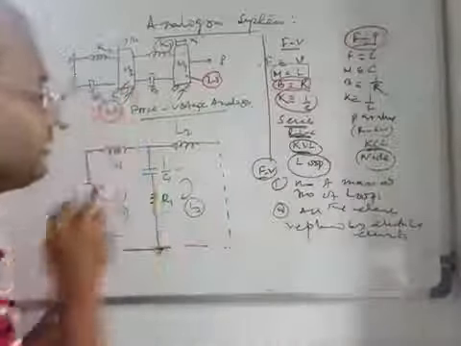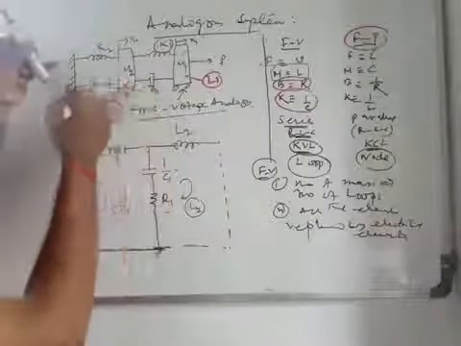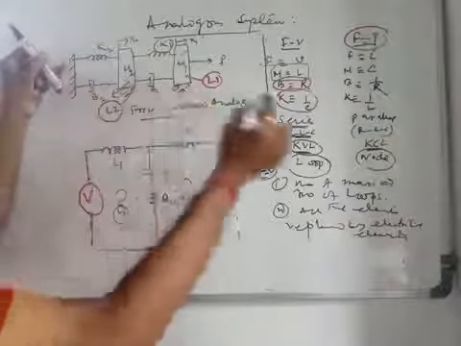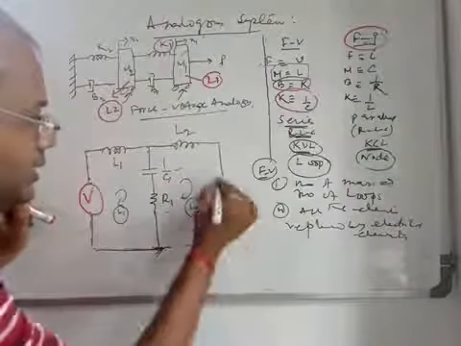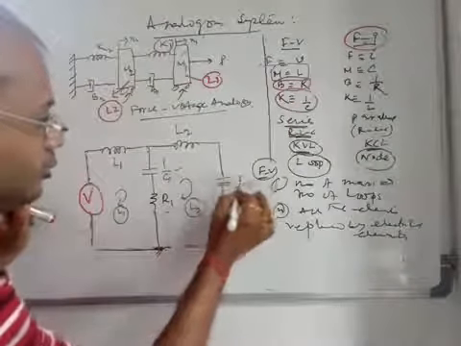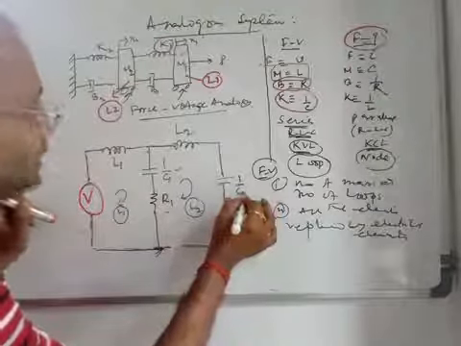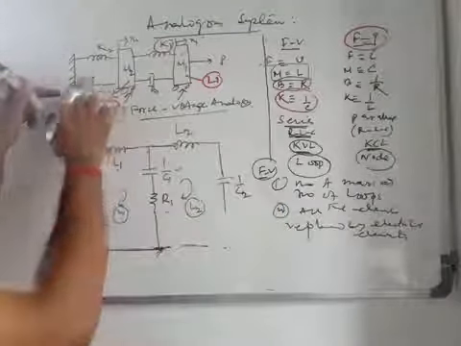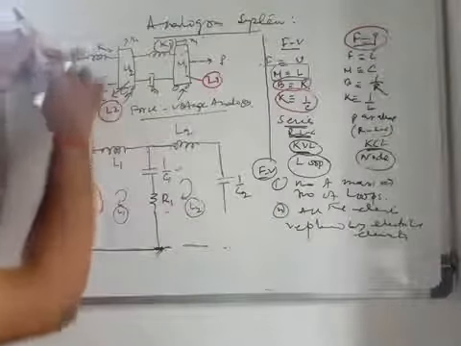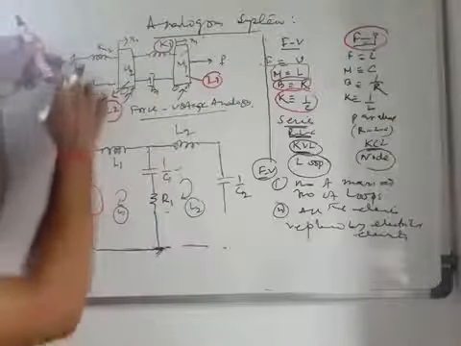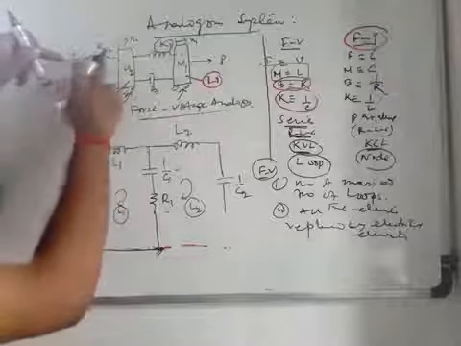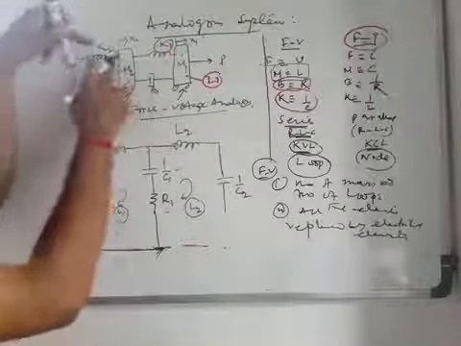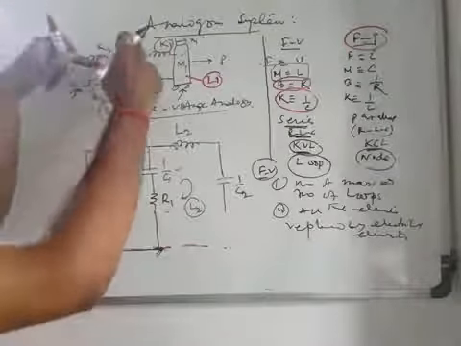K2 means 1 by C2, so you can use one capacitance here with the value of 1 by C2. And this is the rigid surface that is grounded, and one end of K2 is again connected to the common path.